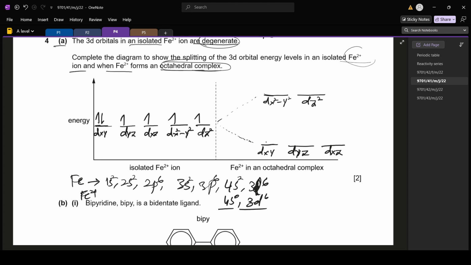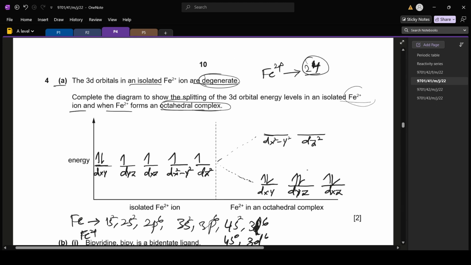Electrons start to enter from the lower energy level, so 1, 2 and 3. You have 6 electrons, so 1, 2, 3 and then 4, 5 and 6. So there are no electrons in the higher energy level. This is the splitting pattern and how electrons are arranged. You have to be familiar with that.